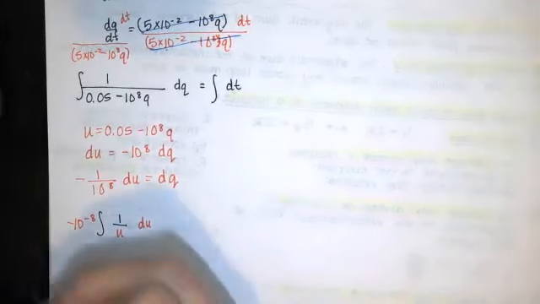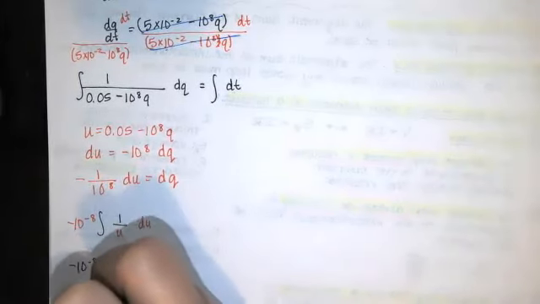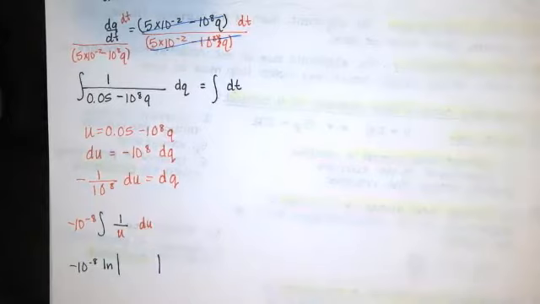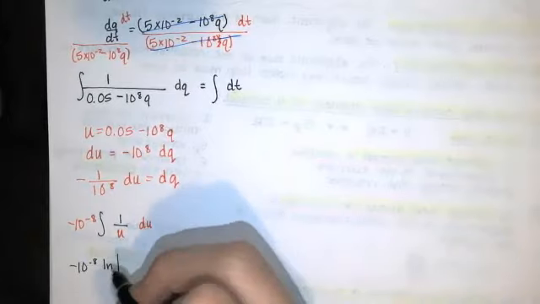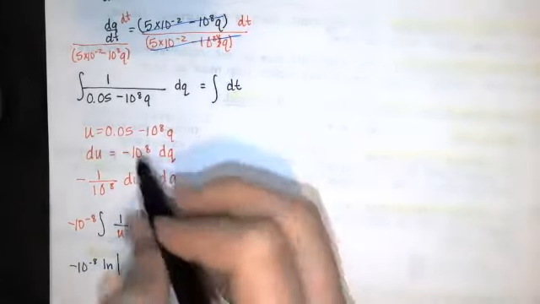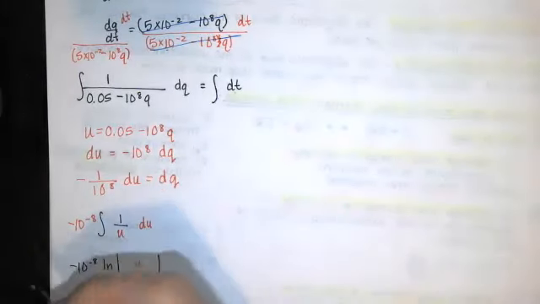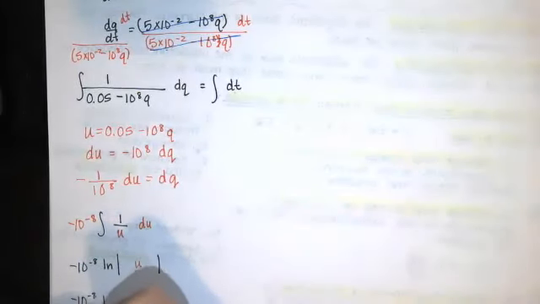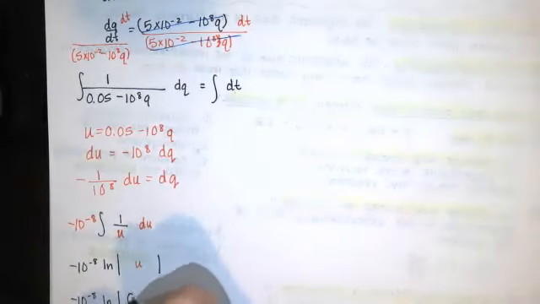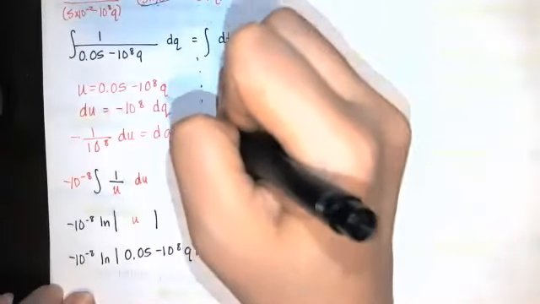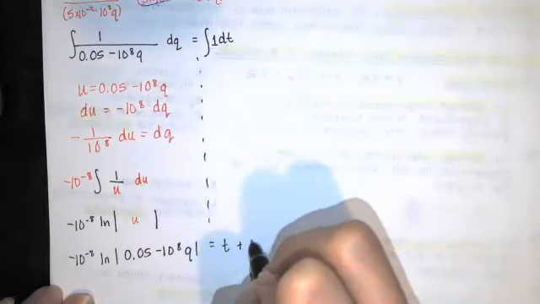And of course, the antiderivative of that is just natural log of the absolute value of u, which is this expression when you back substitute. Okay, and of course the antiderivative of 1 with respect to t is just t plus a constant.